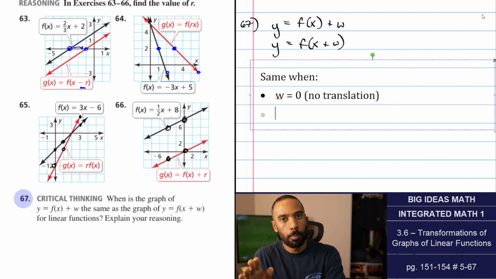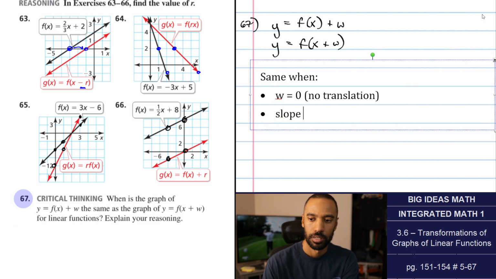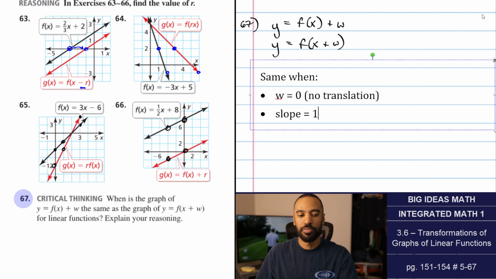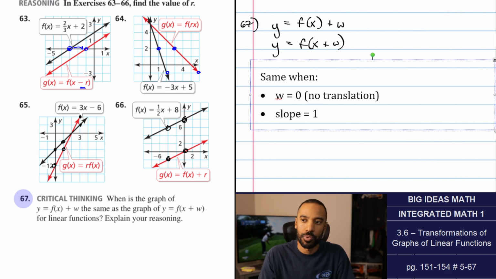If the slope of the function is 1, because we just saw that on the previous one, if I go this amount of units up and I go this amount of units left, I'll be at the same place. Or this amount of units down and this amount of units right, I'll be at the same place if the slope is 1.